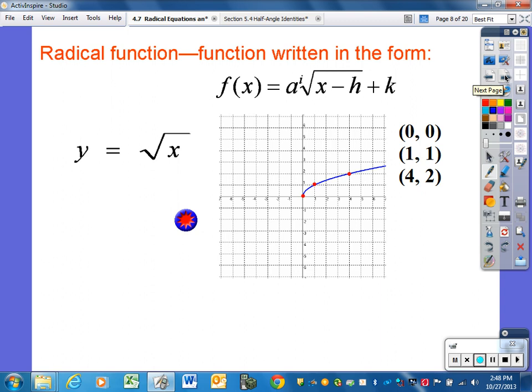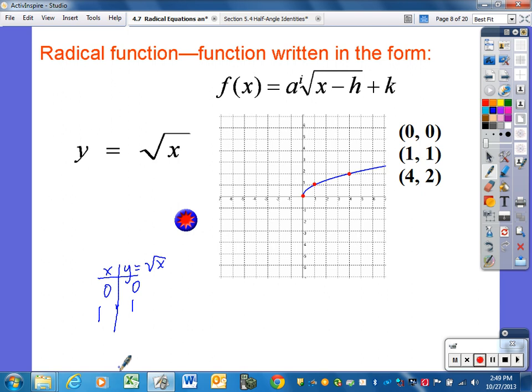The square root of x, which would be x to the 1/2 power. So when I make my xy table, and my parent function is square root x, can I square root 0? It would be 0. Can you square root 1? It would be 1. Can you square root 2? No. Can you square root 3?